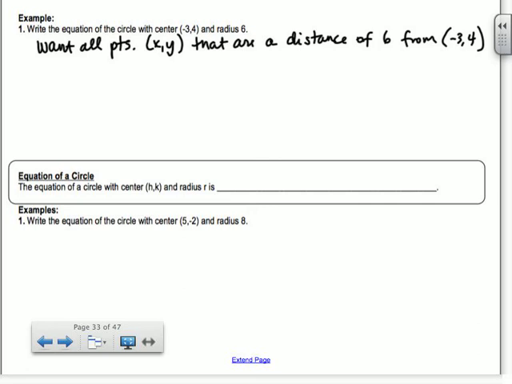Okay, this is a math equation saying our distance is going to be 6. So when I write my distance formula, 6 equals the distance between x, y and negative 3, 4.